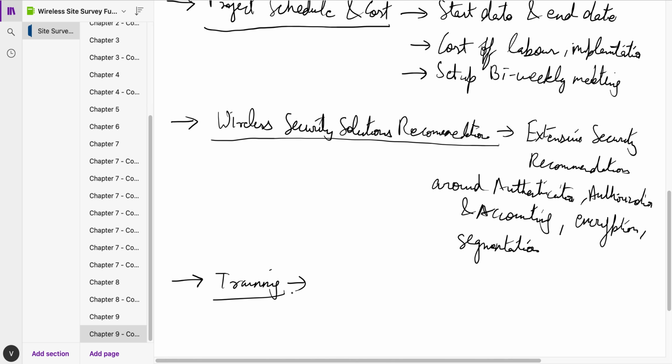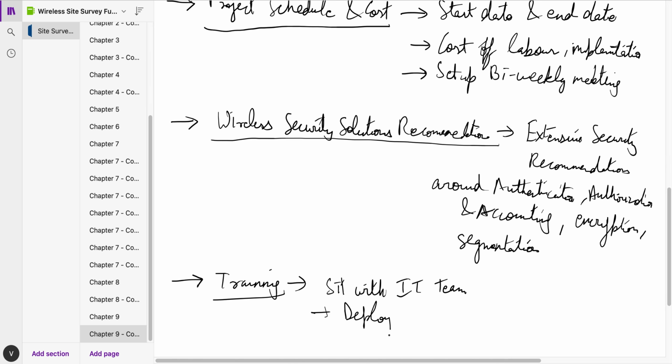The next thing, and this is mostly overlooked by almost everybody that I've met, is the training part. Once the site survey is finished, once the deployment happens, and the network is about to go live, you need to sit with their IT team. Spend a couple of days with them. Walk them through everything that you have done: the deployment, the implementation, the configuration.